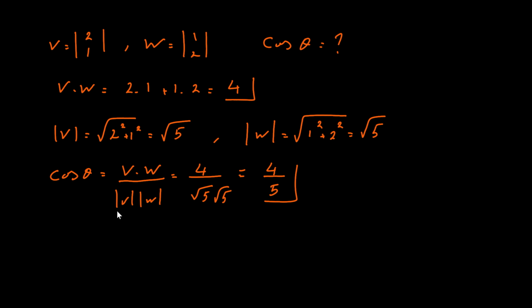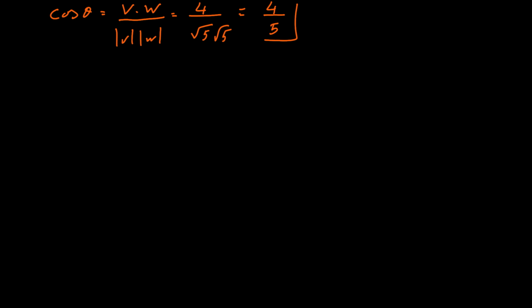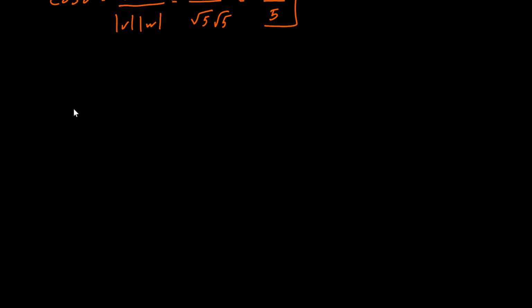Now, let's go and do another one. The next one is telling us that the vector v is equal to 5i minus 8j, and vector w is equal to i plus 2j. And then we want to find the dot product of them.